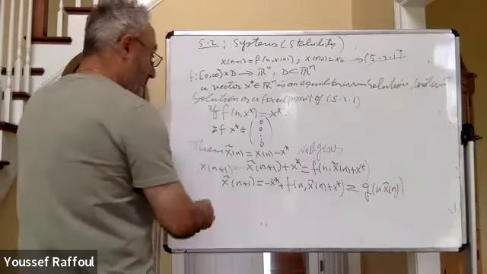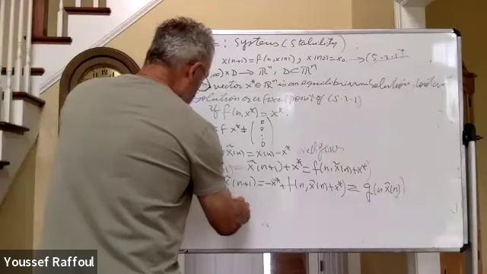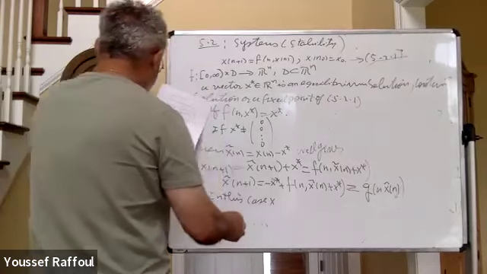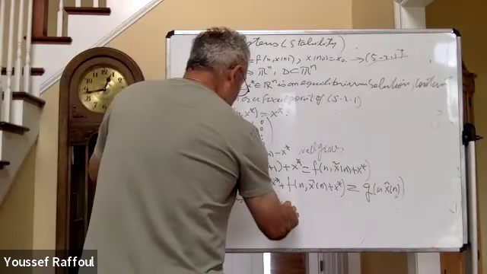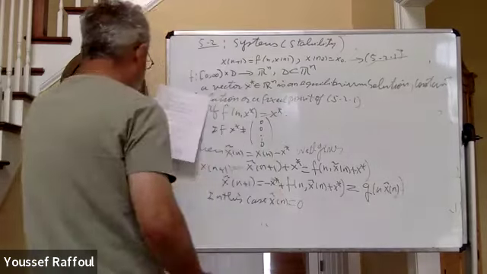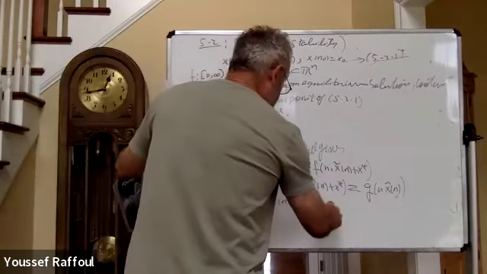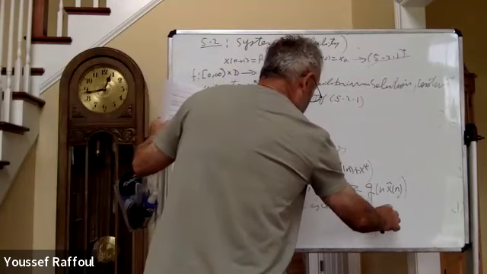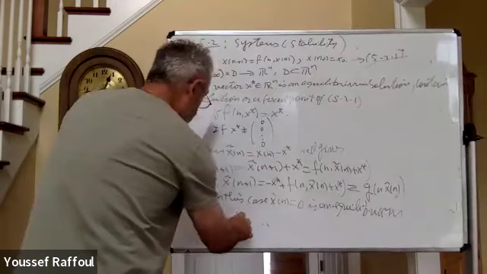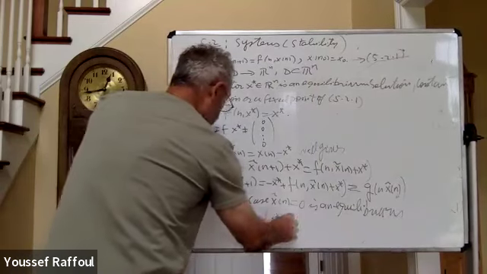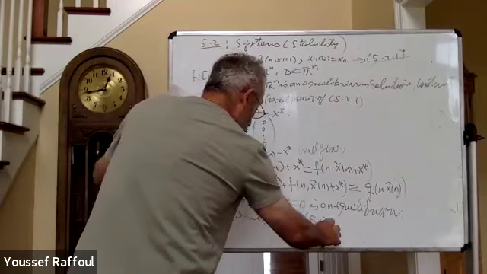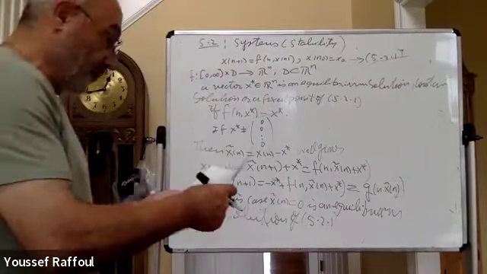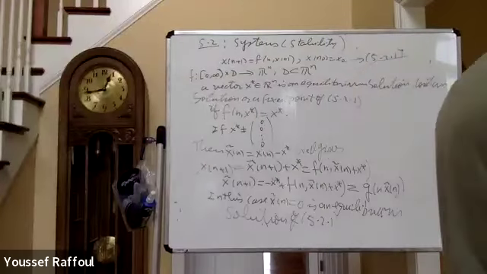And in this case, x star of n equals 0 is an equilibrium solution of 5.2.1. So like what we did for the scalar case. Okay?